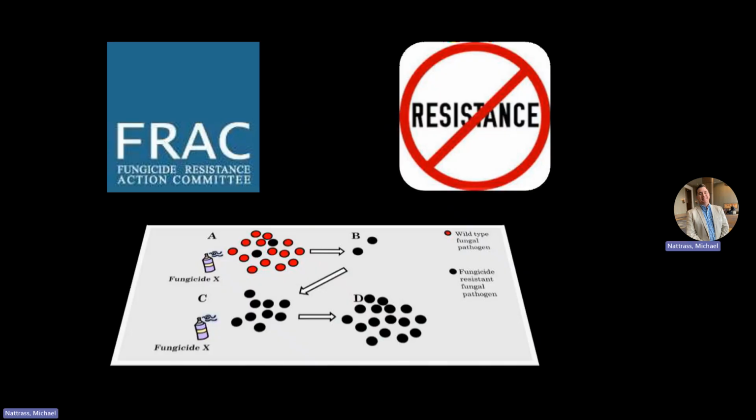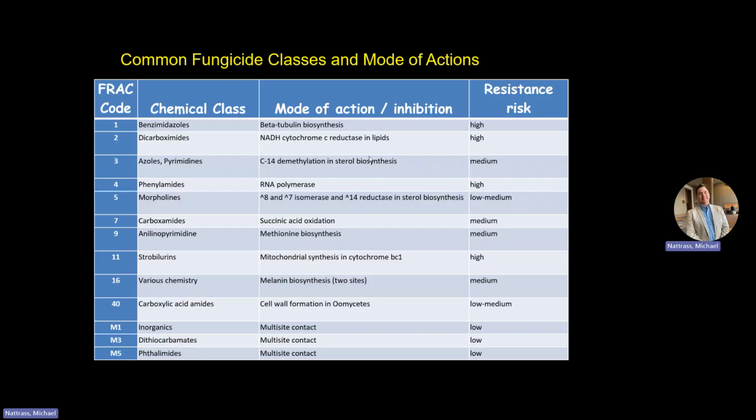So as I mentioned, we do have problems with fungi evolving and becoming resistant. If we continue to spray the same fungicide over and over again, the exact same mode of action, eventually the fungi will develop resistance to it. So there is a FRAC code.